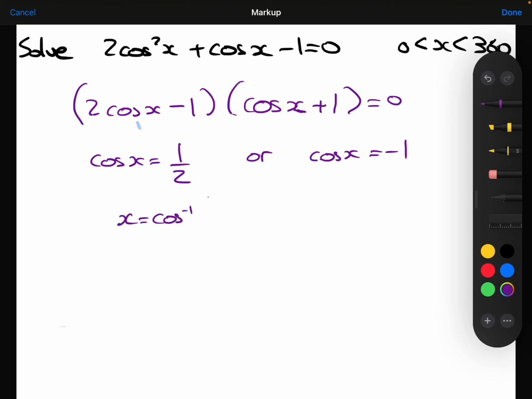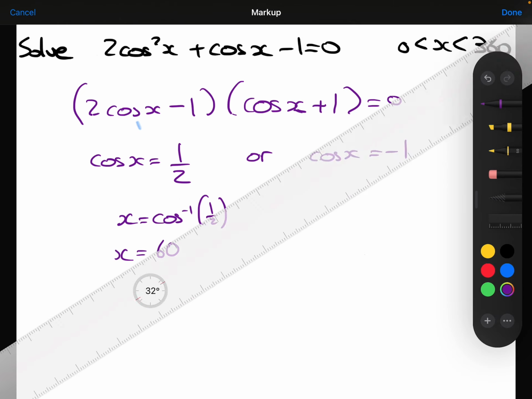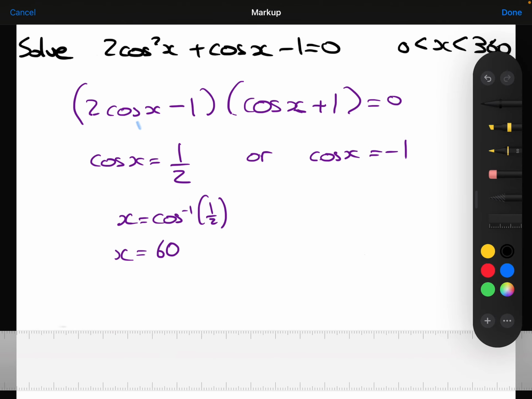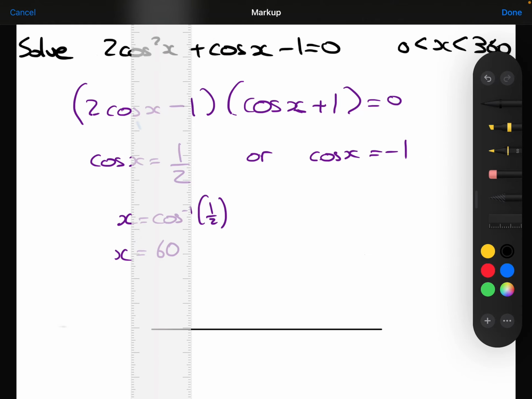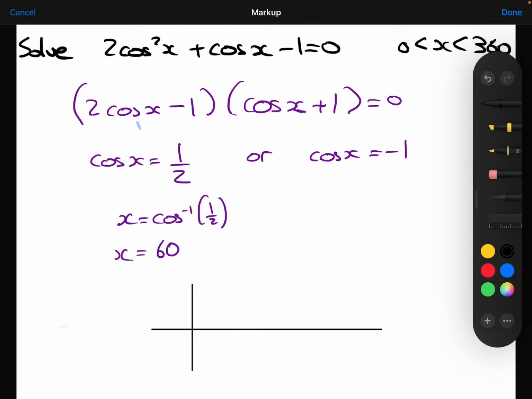If I now do cos inverse, I find out that one answer to that first equation is 60. And I'm going to draw a cos graph quickly to get the other solution. Okay, so cos 90, 180, 270, 360. So here is my cos graph. You see how quickly it is to draw these things once you get used to it.